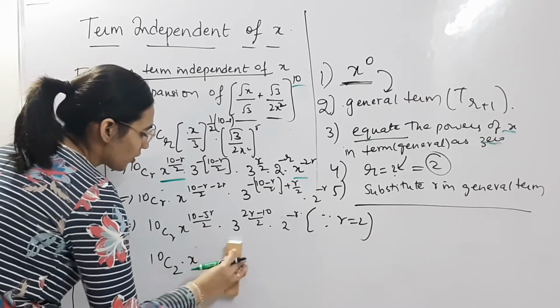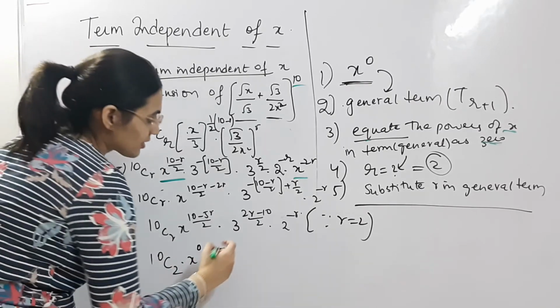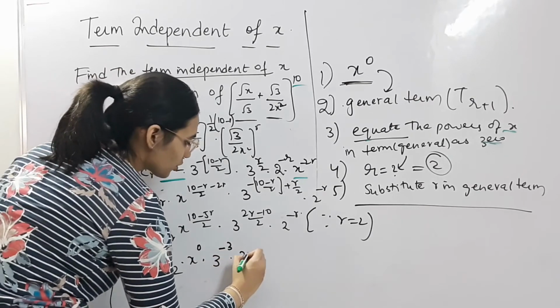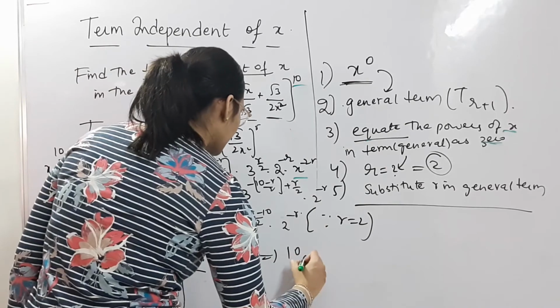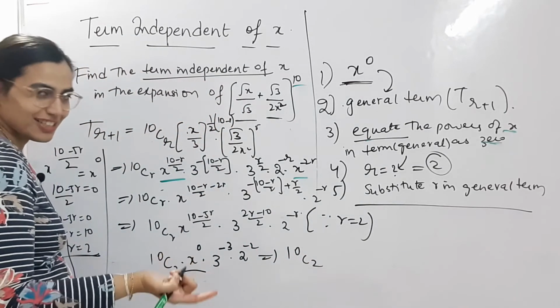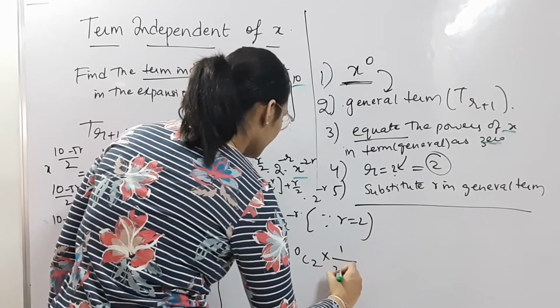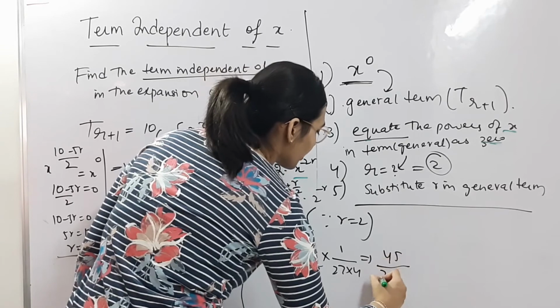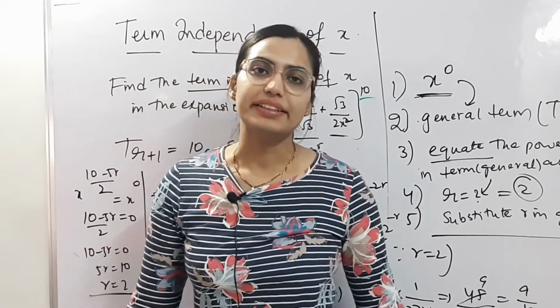So x to the power of 0 into 3 to the power of (2 into 2 is 4 minus 10) minus 6 by 2, minus 3, into 2 to the power of minus 2. So x is 0. So we get the term independent of x now because x to the power of 0 is 1. So we get 10C2 into 1 by 27 into 4, that is 45 by 27. So this is how you find the term independent of x.